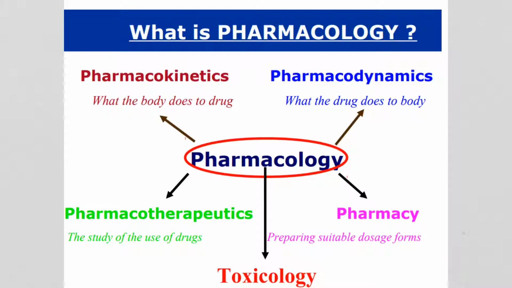Top left-hand corner, pharmacokinetics. So pharma, about drugs. Kinetics, it's about what the body does to the drug, because clearly our bodies interact with the materials that are either ingested, delivered intravenously and subcutaneously, and so on. And the final title is pharmacodynamics.